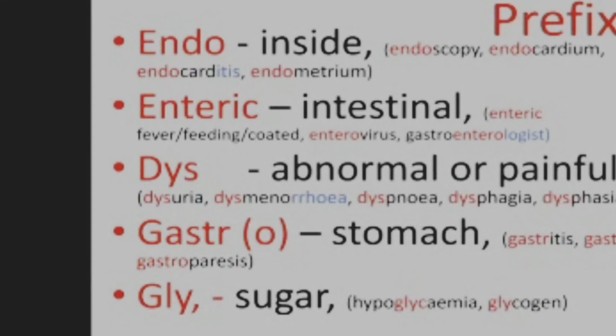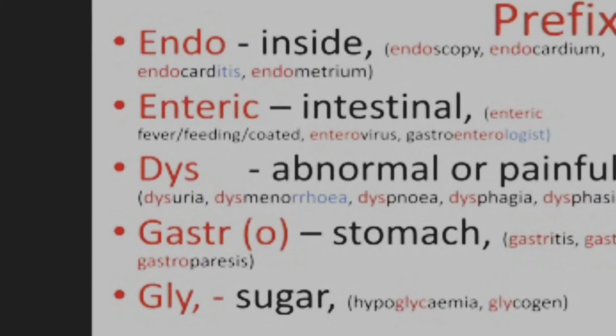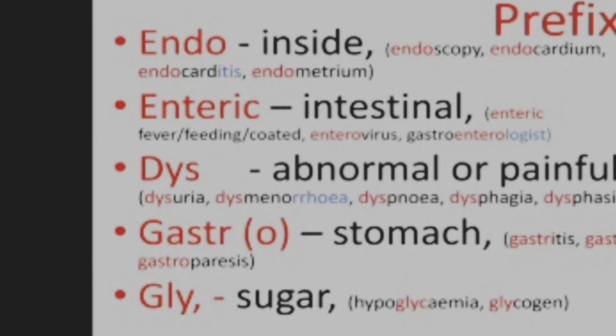Some prefixes to revisit: endoscopy, endocardium, endocarditis, endometrium. Enteric is intestinal, which could be large or small. Esophagus, all kinds of entry. It is a part of the digestive system that we have.